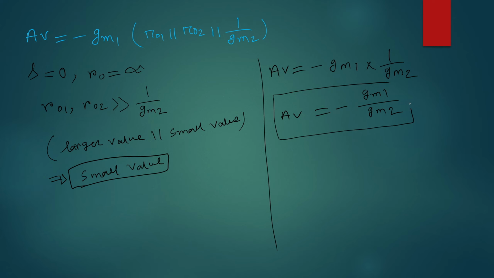So this is another expression you can use as the voltage gain equation for the common source amplifier with diode connected load. If you want to do further simplification, let us write AV is equal to minus GM1 divided by GM2.